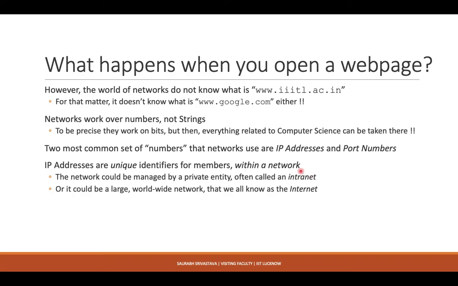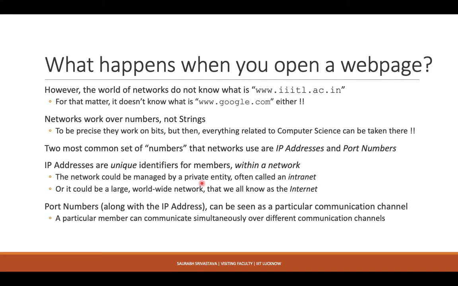Such a network is called an intranet, and you all know what the internet is, right? It is basically a worldwide network. But irrespective of whether it is an intranet or the internet, IP addresses are there. They are basically unique identifiers for the members within a network.